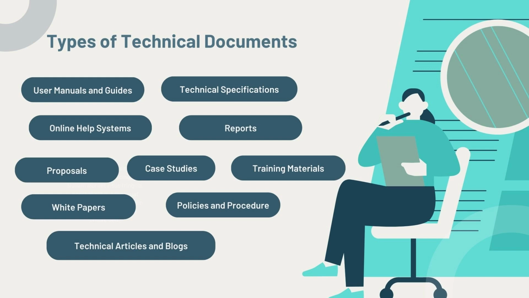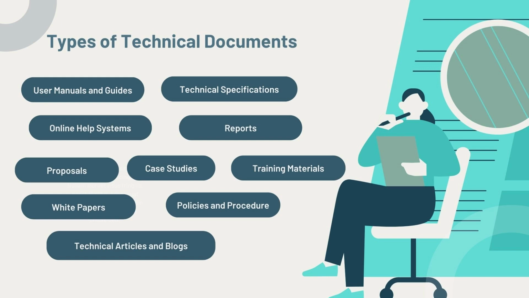These are basically used to educate users or employees on a particular product or service or technology. Next, we have white papers. White papers normally are research-based documents and they convey an expert view or analysis on a specific topic that is solving a specific problem. And then lastly, that is technical articles and blogs.